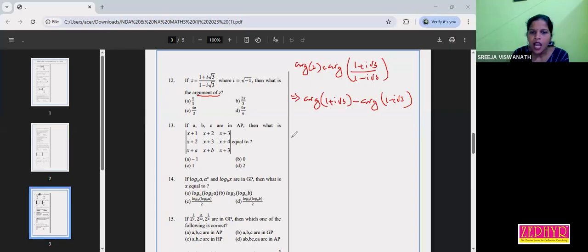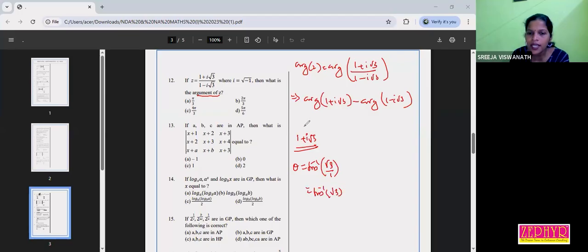Now listen, how to find the argument of 1 plus i root 3. If we consider 1 plus i root 3, theta equals tan inverse b by a. Here b, the imaginary part, is root 3, by 1. So that is tan inverse root 3.